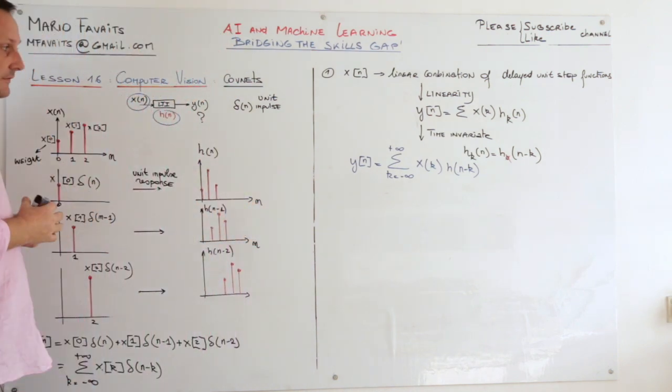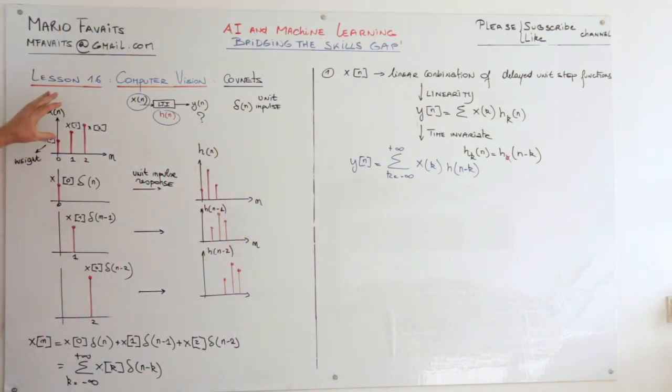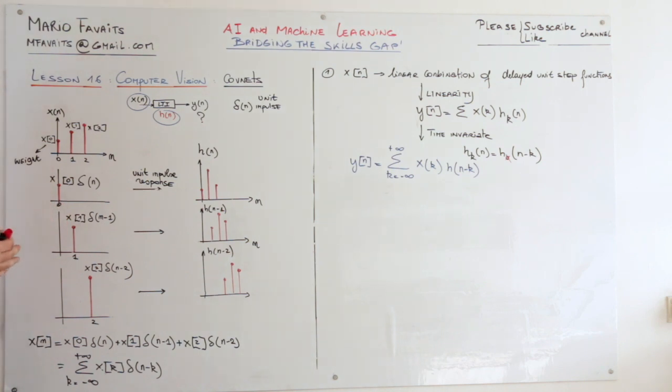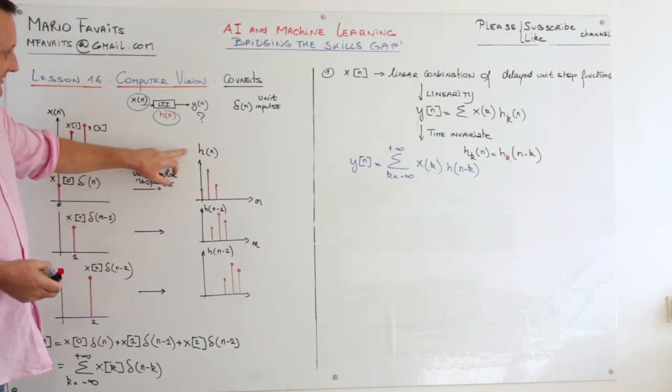It's not so difficult, right? We have a signal, and we decompose it into simple basic unit impulse functions. Then we look for the response to these unit impulse functions. The responses are the h's.